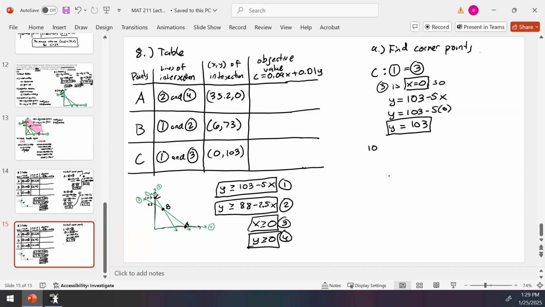So then step 10 is to calculate objective value for max/min. So I just plug in these numbers. So C is equal to 9 cents times 35.2 ounces of chicken plus no grain, right?